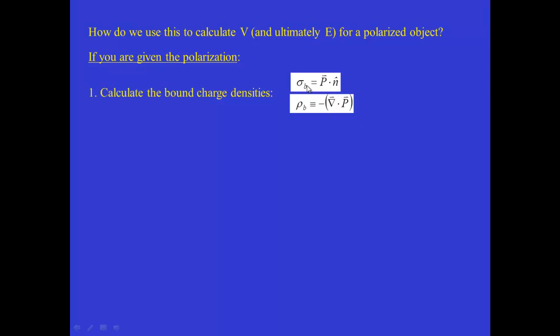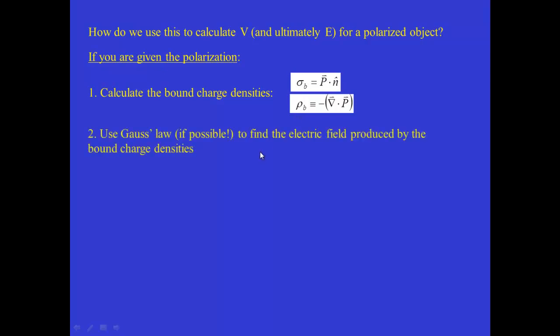Of course, realize that sigma sub b is a surface bound charge, and if the object in question has more than one surface, it will have more than one of these terms. We will have to calculate a sigma b for each unique surface that the object has. Nevertheless, if we know the polarization, we can get these two directly.